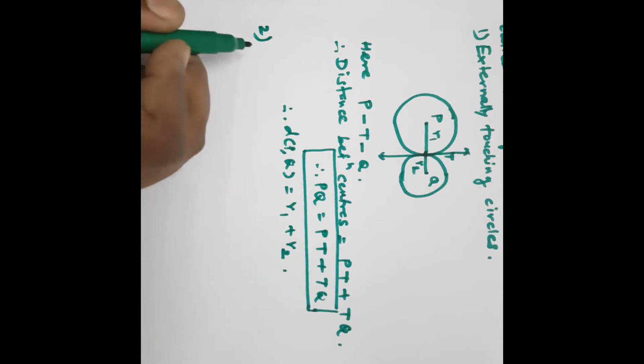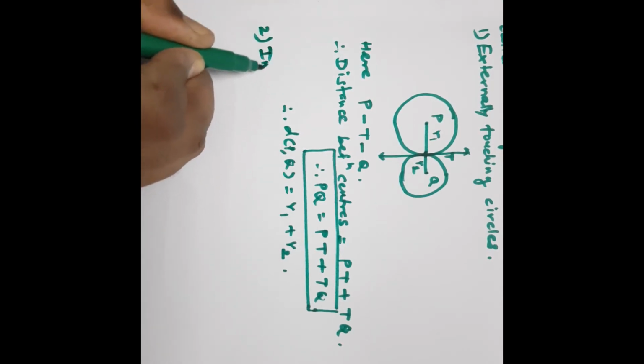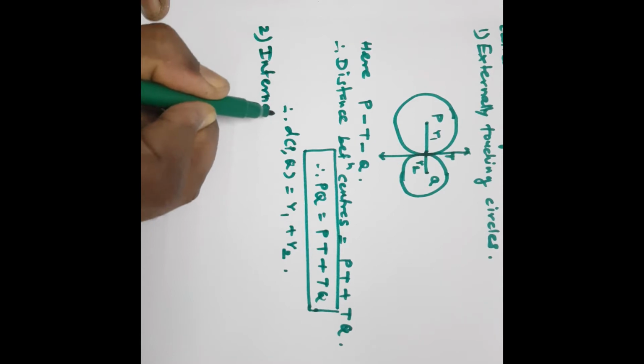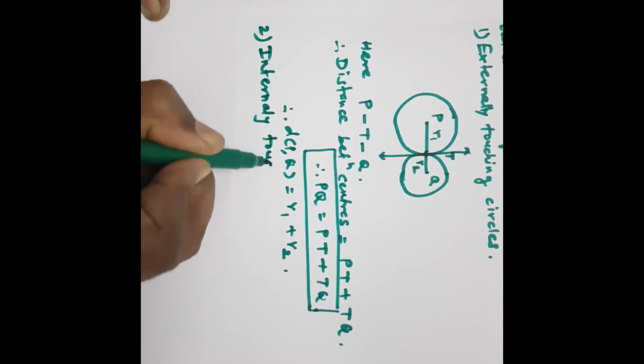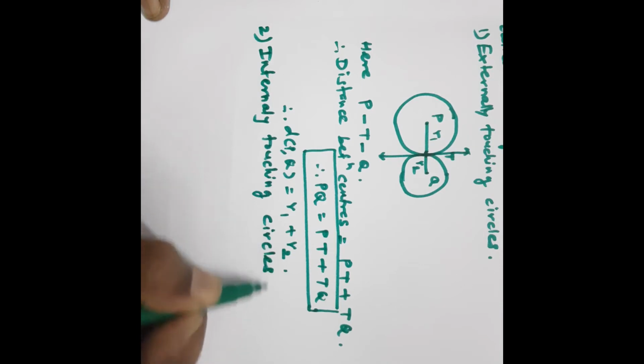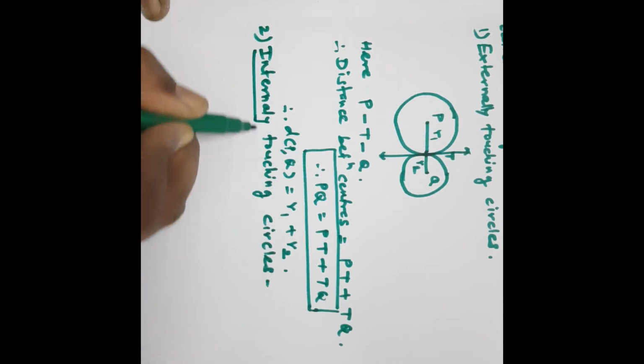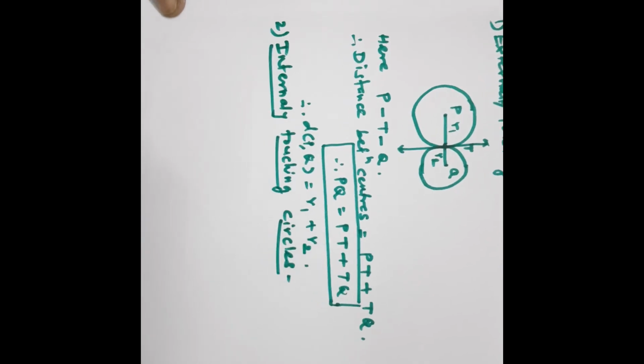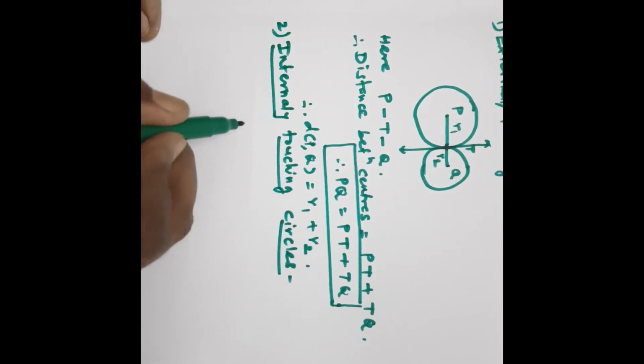Now the second type of touching circles is internally touching circles. Here we will draw a figure for it.